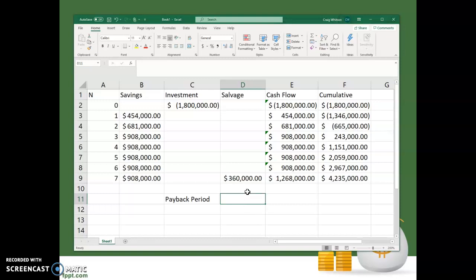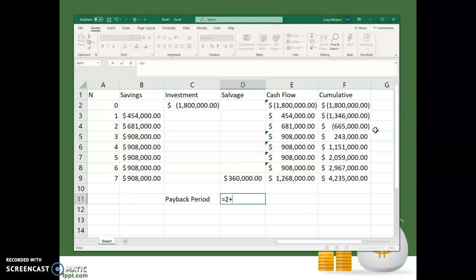So it's going to be equal to 2, we know that, plus some part of a year. And the way we can calculate that part of the year is, in order for this balance to be 0 from the end of year 2, we need to make $665,000 exactly. If we were to make or save, because that's the way the problem is written, savings, if we were to save $665,000 exactly, then our cumulative balance on this project would be exactly 0.